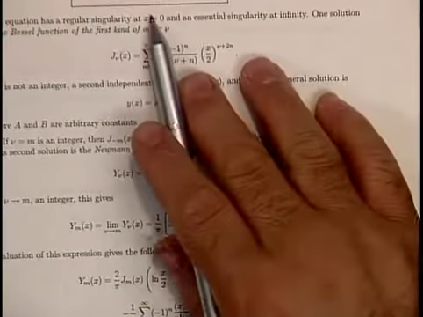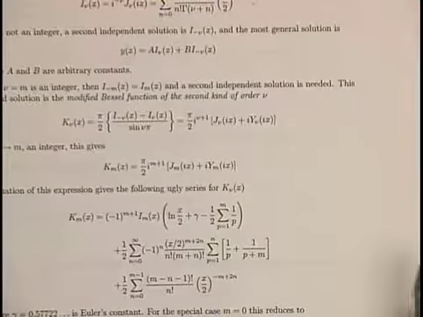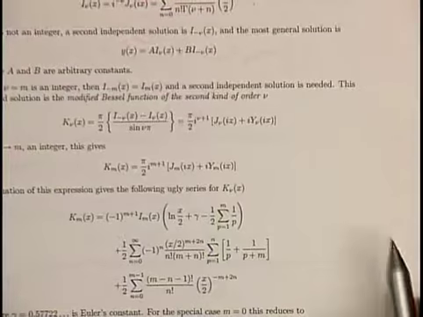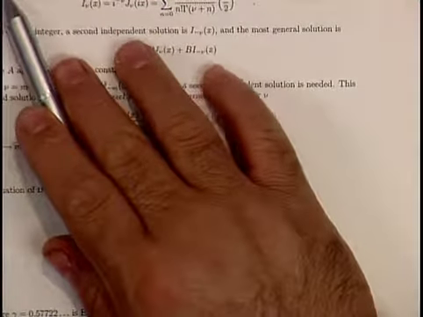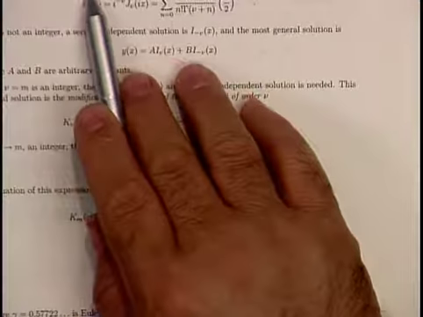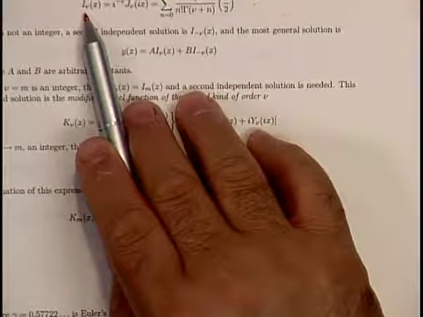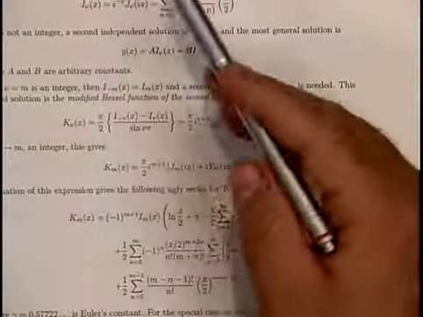If it is positive, it will be the Bessel function. If it is negative, it will be the modified Bessel function. And the modified Bessel function also will have two solutions. One is the modified Bessel function of the first kind of order nu, given by I, and the second one will be given by K. So you have J and Y, and I and K.